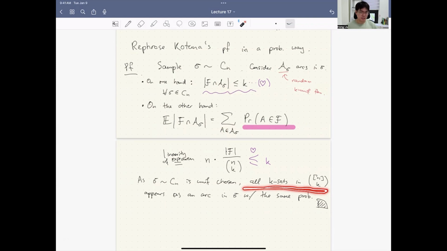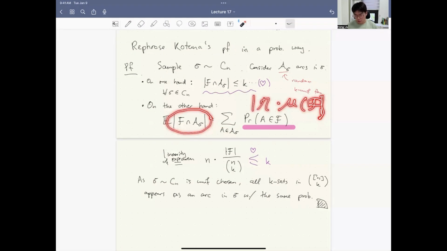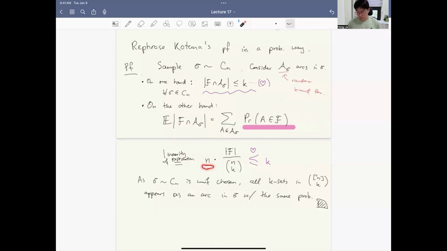What that means is that the intersection size is precisely the measure of our family that we want to bound, times the size of the control group A sigma. A sigma is of size n, right? And this is the measure of F. So let me write this recipe down.